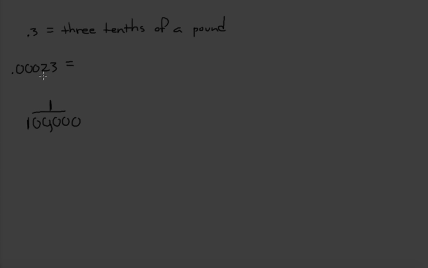So how you would write this, you'd say it was 23 hundred thousandths. Let's write it out and see what it looks like. You're not gonna write the 0, you're not gonna go 0, 0, 23 100,000. No, you're just gonna do 23.